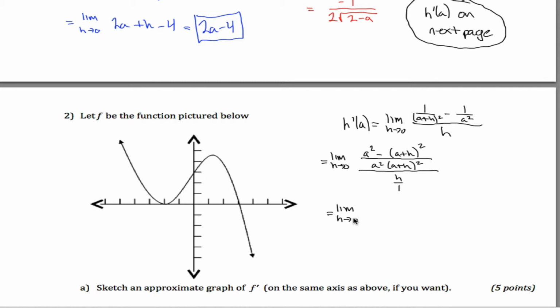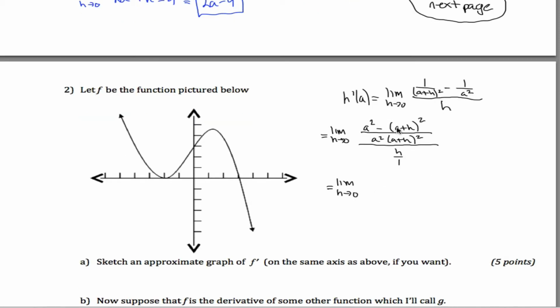So I got the limit as h approaches 0 of, if you expand this all out, a squared plus 2ah plus h squared. And so I want a squared minus all that stuff. So what I would be left with is minus 2ah minus h squared, because the a squared and the minus a squared would cancel each other out. And that gets divided by a squared times a plus h squared, and it gets multiplied by 1 over h. Instead of divided by h over 1, I'll make it multiplied by 1 over h.